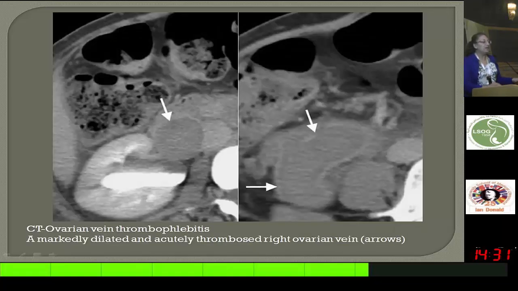This is again an ovarian vein thrombosis, a very large vein with low activation.